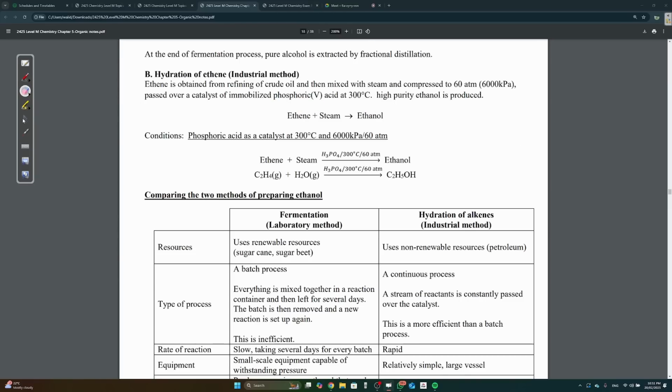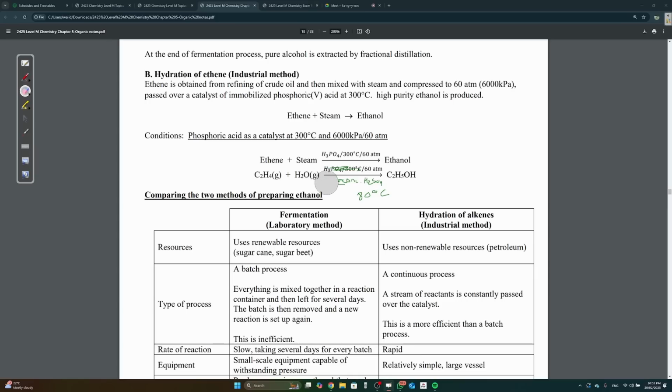Okay, so this is one of the other ways, and we said the conditions are H3PO4 at 300 degrees Celsius and 60 to 70 atm, or hot concentrated H2SO4 at 180 degrees Celsius. They meant to write it here as well. Sorry, not 180, 80 degrees.